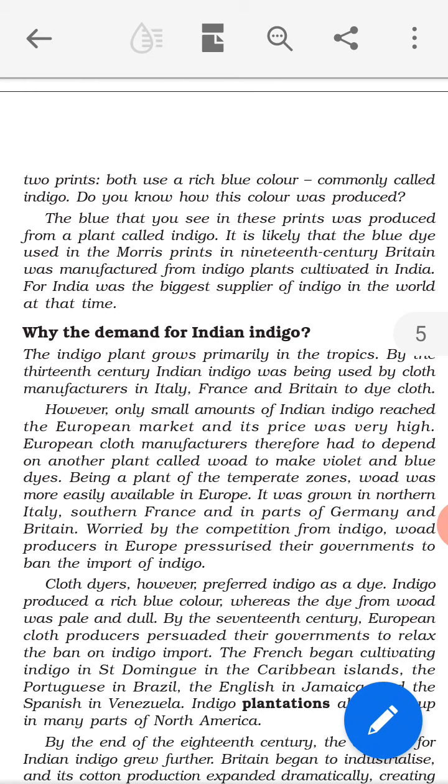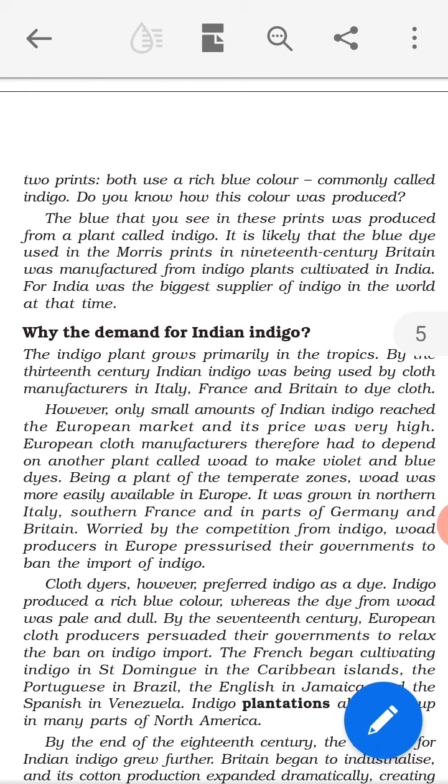It is likely that the blue dye used in the Morris prints in 19th century Britain was manufactured from indigo plants cultivated in India. So in figure number 6, in a Morris cotton print, the blue dye which was used in those prints was taken from plants which were cultivated in our country.